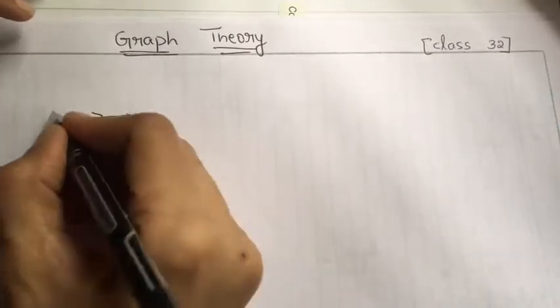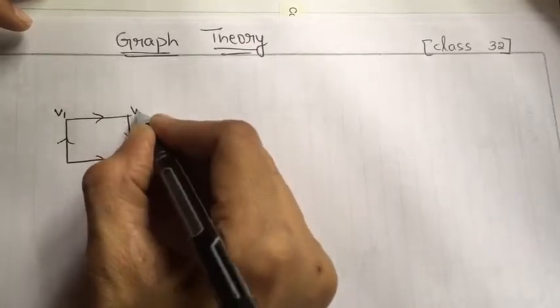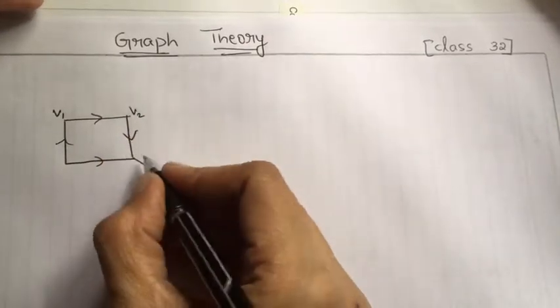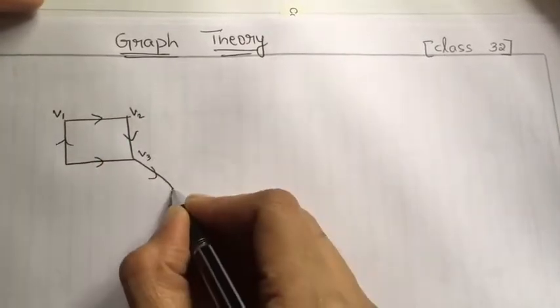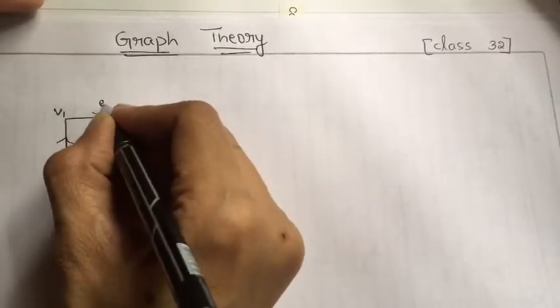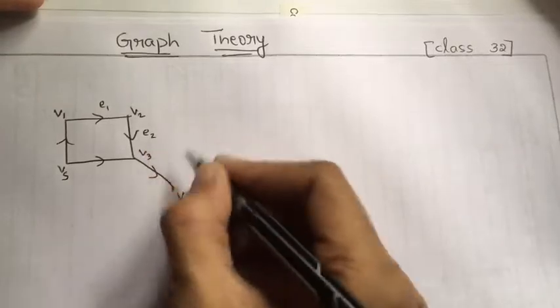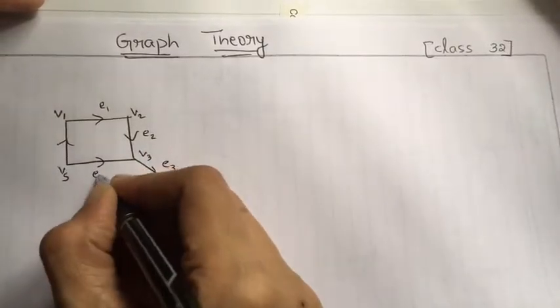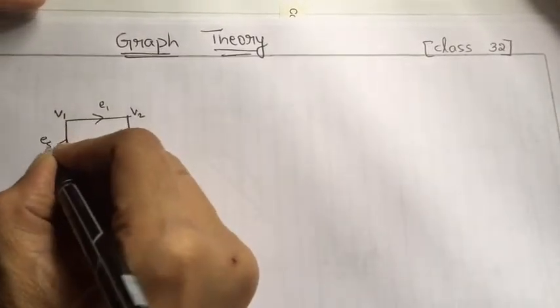The vertices I'll name V1, V2, V3, V4 and V5. Edges E1, E2, E3, E4 and E5.